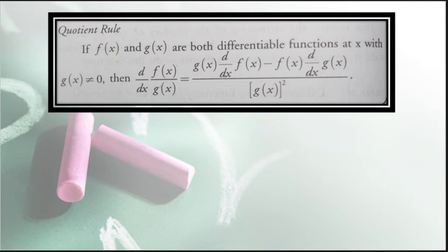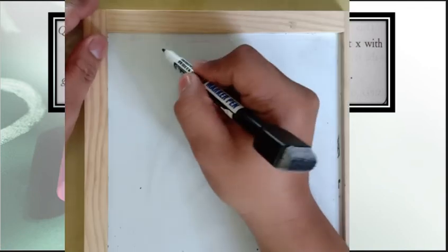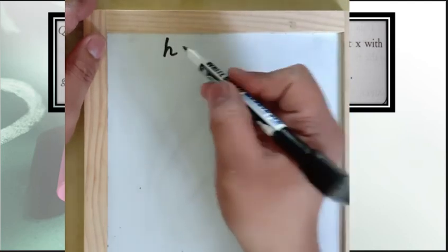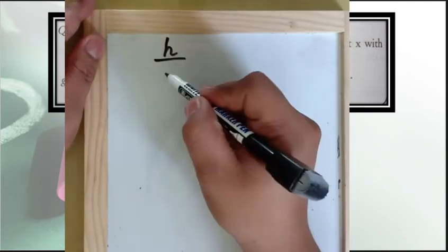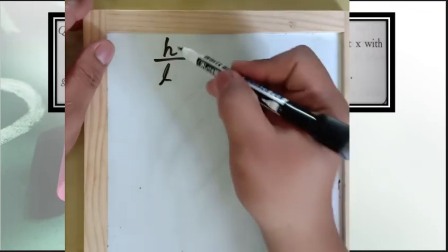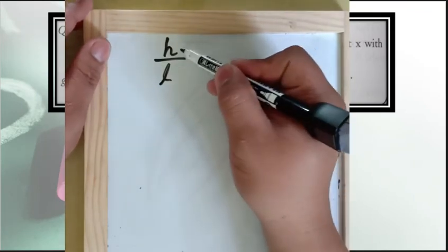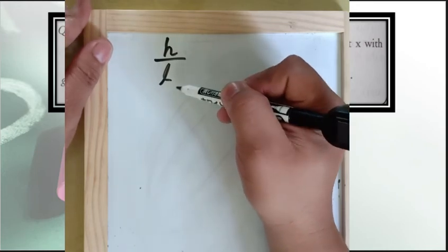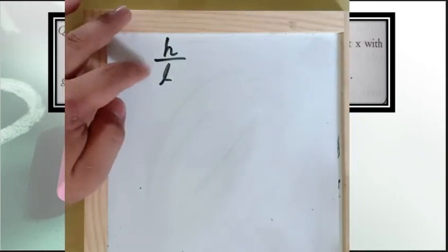So, let's take the numerator be the h, or the high, and the denominator, I should say, be the low. High over low. H divided by L. High divided by low. So, malinaw yan.